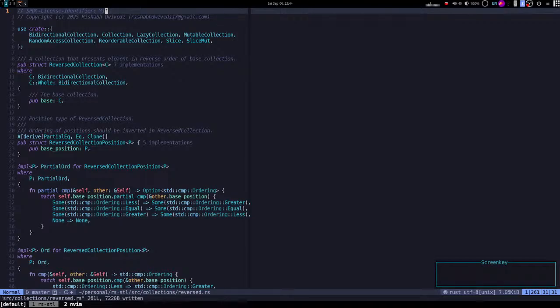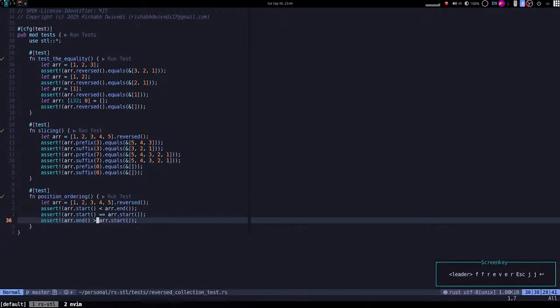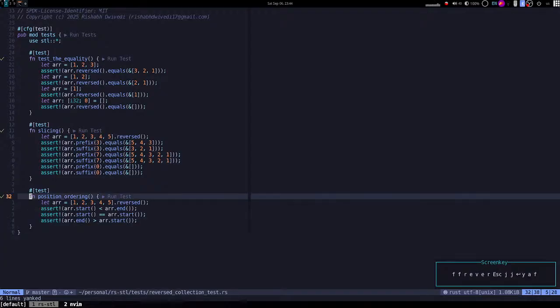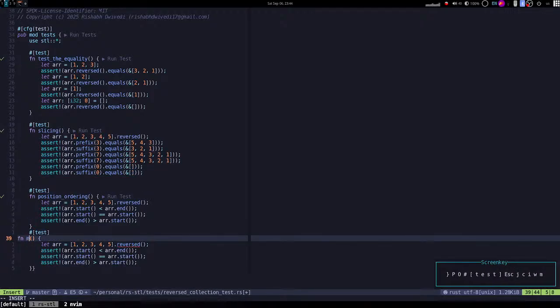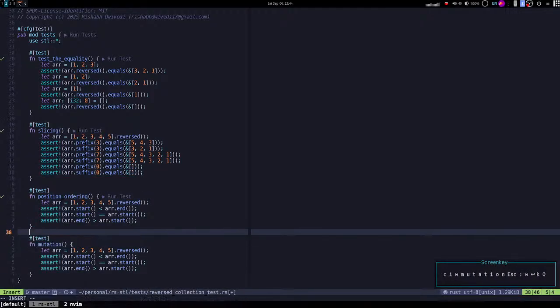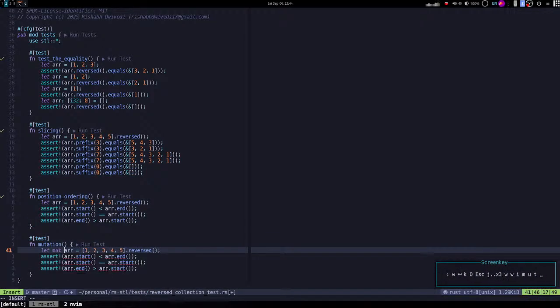So that is something I did not verify till now. So mutation is something I should verify. So paste this thing, add a test marker here, mutation, and verify the mutation. So that is what you do to verify the mutation.